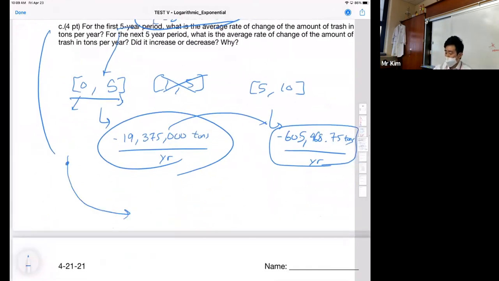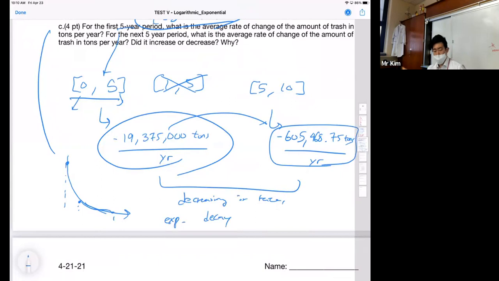For the very first 5 years, look at how, it's like a roller coaster, right? You'll feel the big drop in the first set of years. Then the next 5 years, you're not going to feel that much of a decrease. So to explain it, you're obviously decreasing in rate because it's decay, exponential decay.